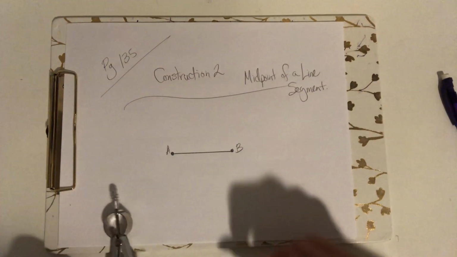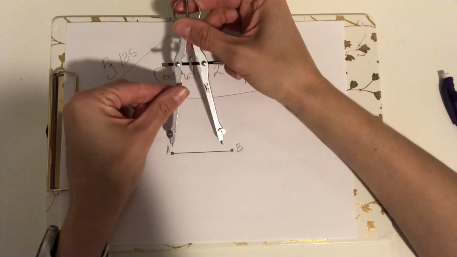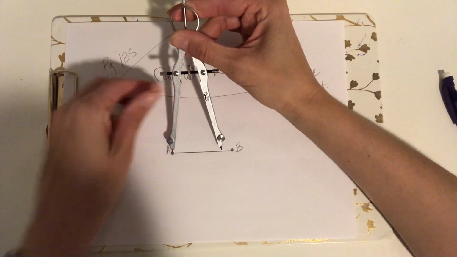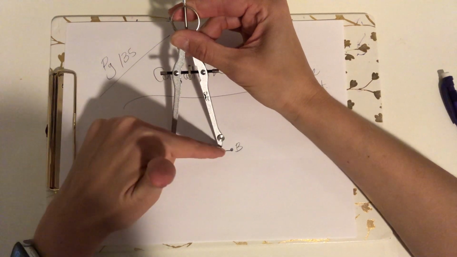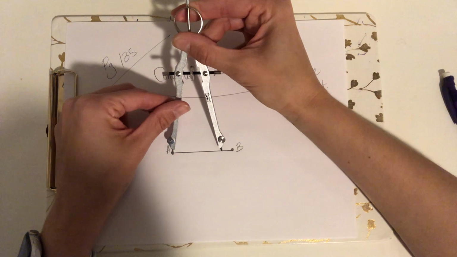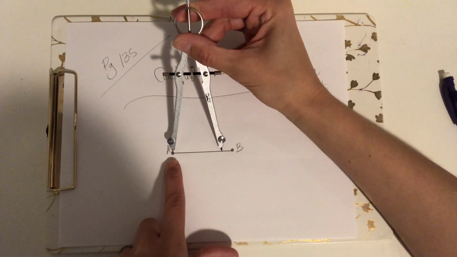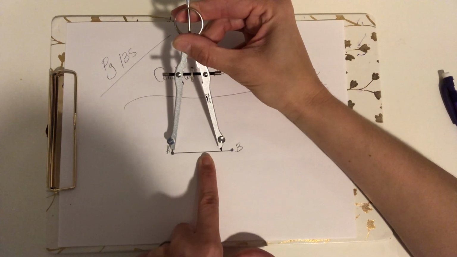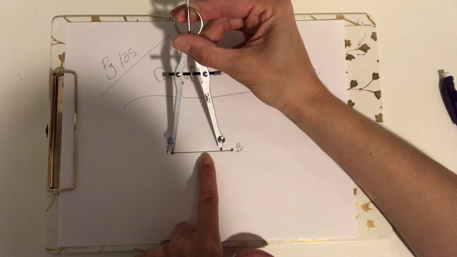So you just want to make sure that your compass distance of the radius, so the distance from the pointy part to the writing utensil, has to overshoot the midpoint. So the pointy part being on one of the endpoints, the writing utensil cannot be where you surmise the midpoint is.